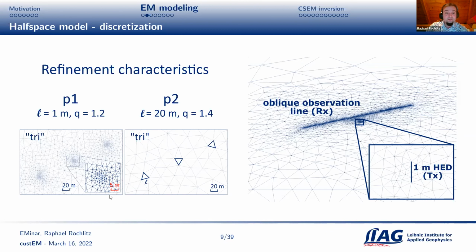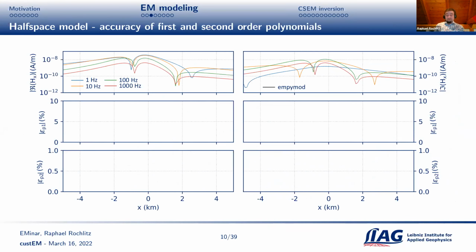For instance, in this scenario, I have built triangles around our receiver locations with an edge length of 1 meter for the P1 computation. For the P2 computation, I have refined my receiver locations only with triangles of an edge length of 20 meters, and the overall mesh quality is a bit poorer than for the P1 computations. This was already published a couple of times, but it's really important, which is why I want to show it again.